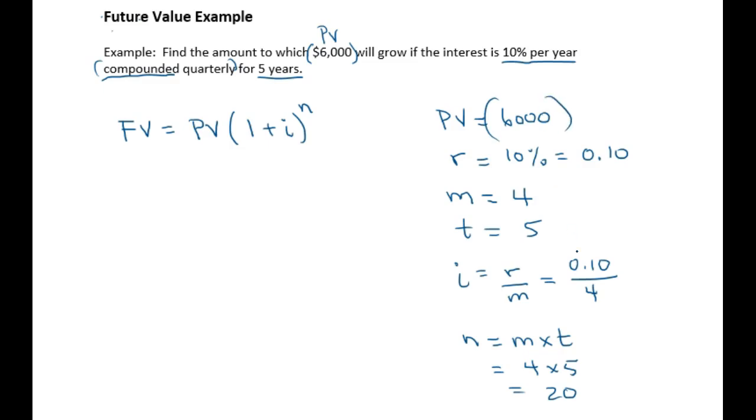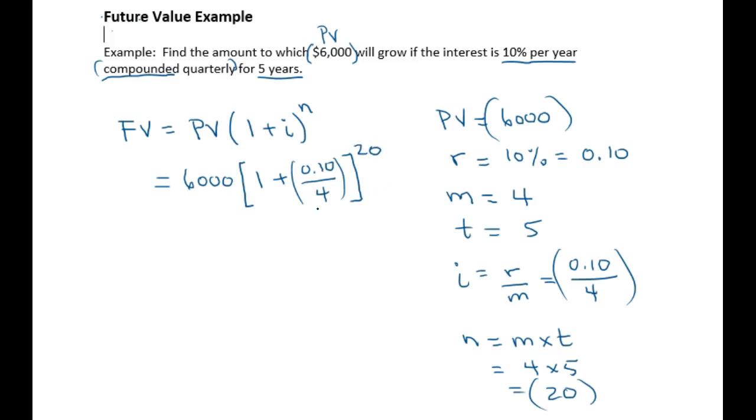We have our PV, our present value, we have our I, and we have our N. So 6,000, and I always change this one to a square bracket, because sometimes I put in fractions with extra brackets, but you can leave it as is. So 1 plus I, which is 0.10 over 4, so that's my I value, and then that entire bracket is to the exponent N, which in this case is 20.